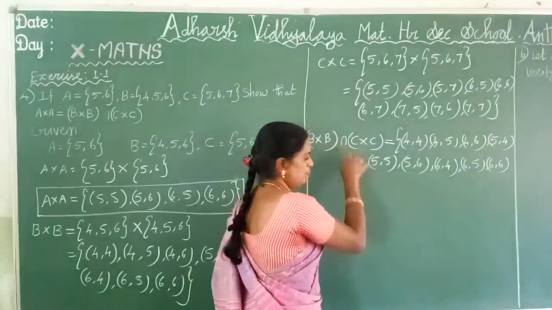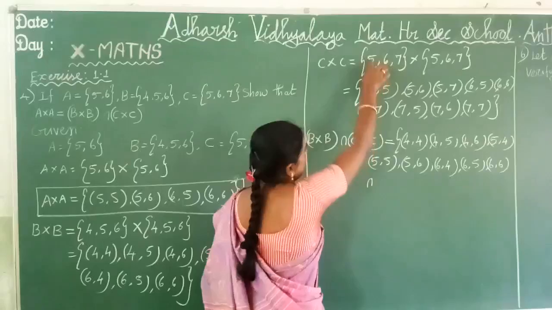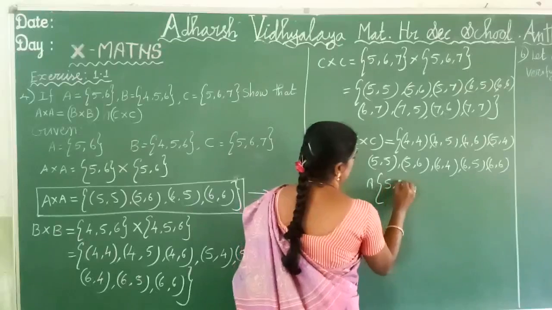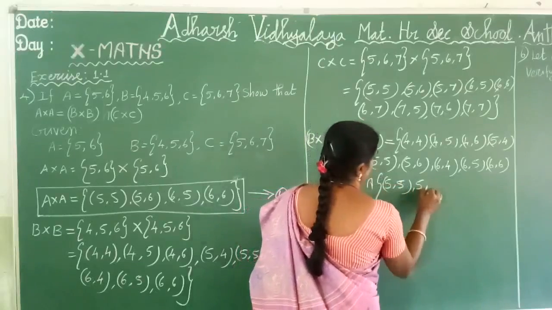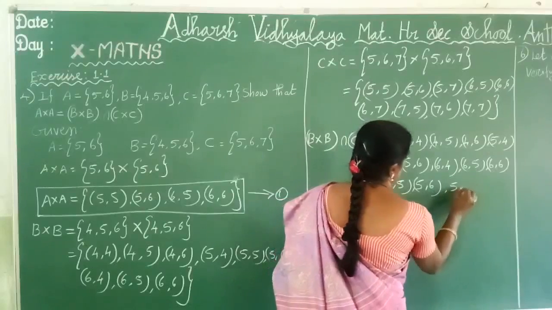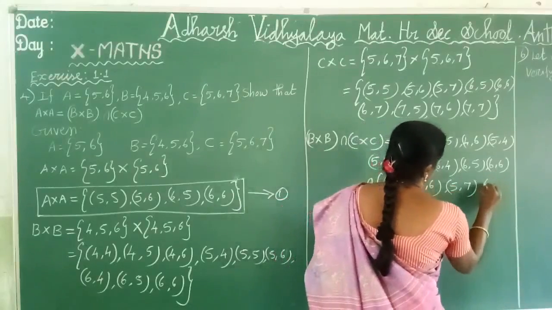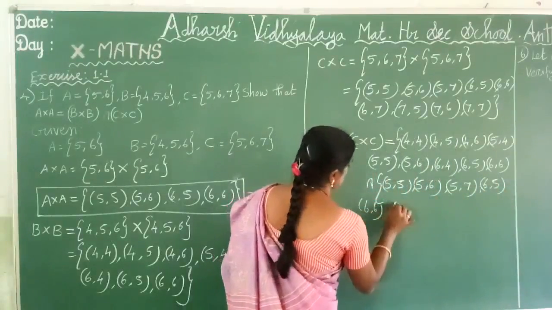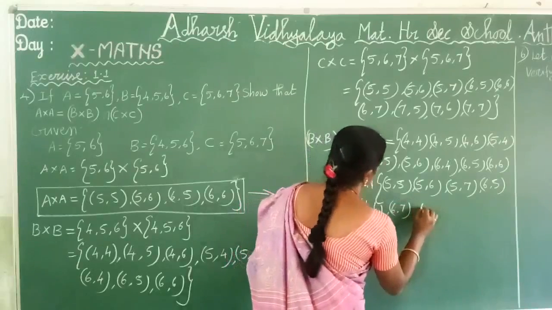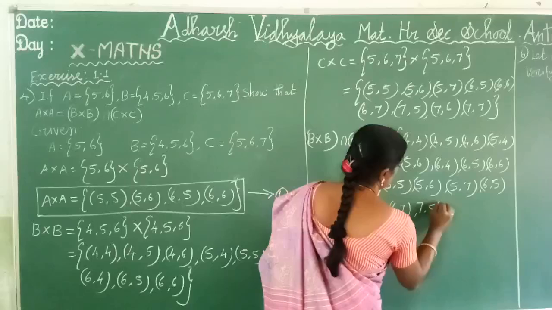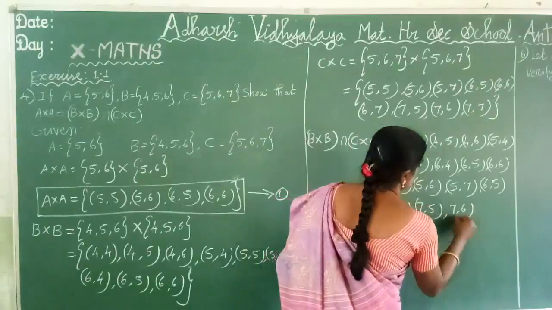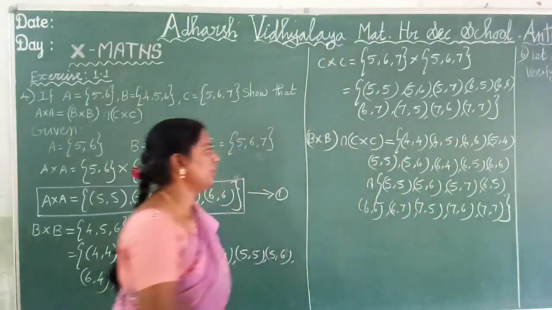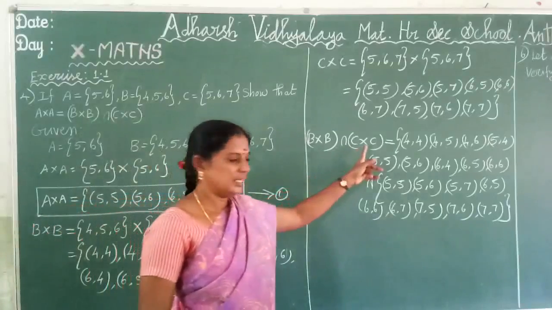And what is the C cross C answer? (5, 5), (5, 6), (5, 7), (6, 5), (6, 6), (6, 7), (7, 5), (7, 6), (7, 7). So here the B cross B answer and C cross C answer are completed.